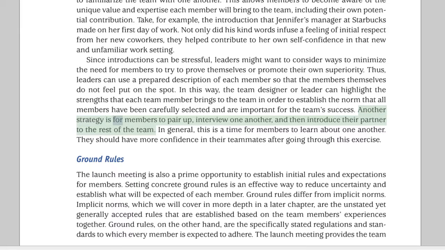Another strategy is for members to pair up, interview one another, and then introduce their partner to the rest of the team. In general, this is a time for members to learn about one another. They should have more confidence in their teammates after going through this exercise.